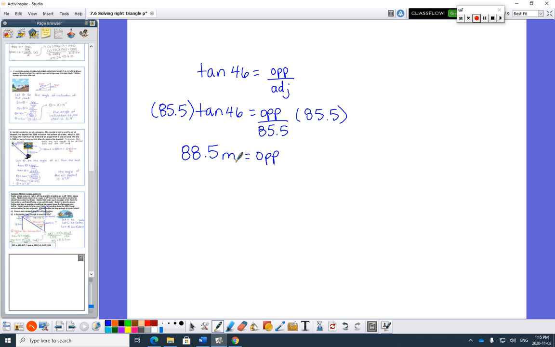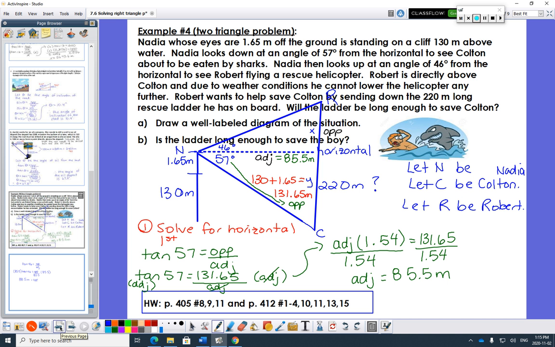Yes, Kylie. I changed tan 57 into 1.54. So if you like to leave it like that, then you can. You don't have to show that step.